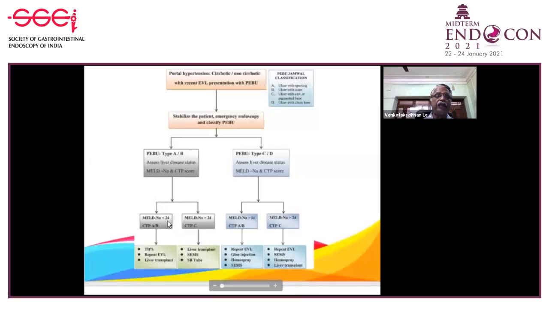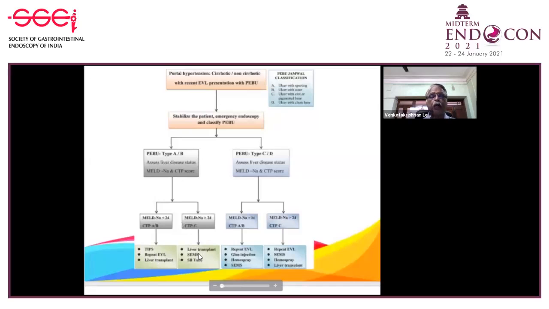If the MELD is less than 24, Child is type A and B, we can offer them rescue TIPS, repeat EVL, and probably once they stabilize, a liver transplant. If the MELD is more than 24, they suggest a liver transplant.